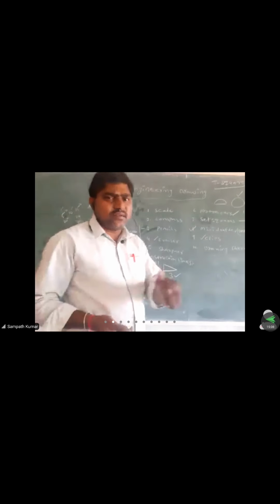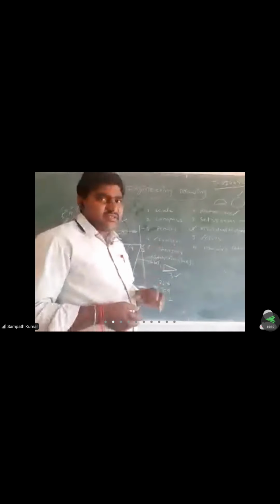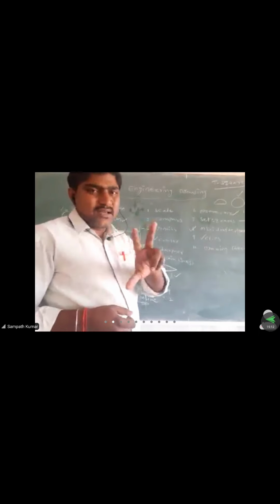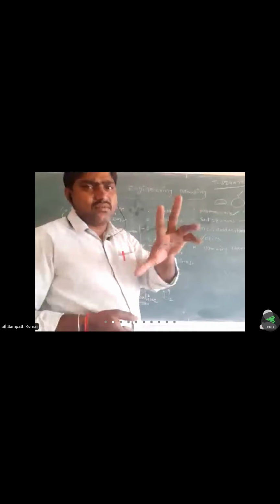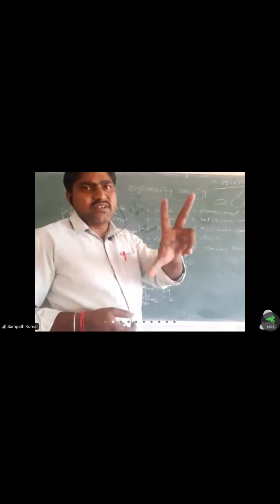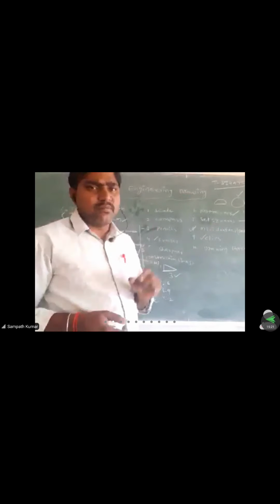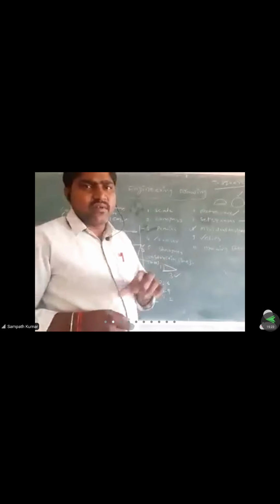What is the difference between normal compass and engineering compass? Normal compass means we can draw only arcs of less radius, suppose up to 12 or 13 centimeters. In the case of an engineering compass, it will go for more than 13 centimeters or 15 centimeters.